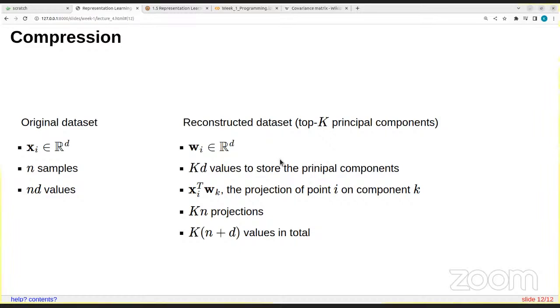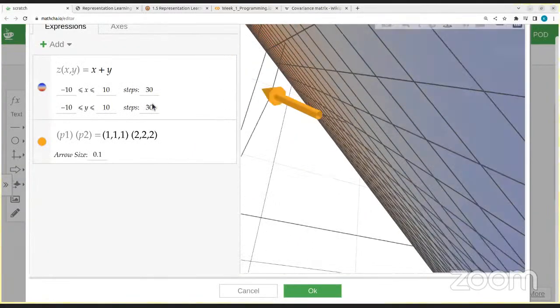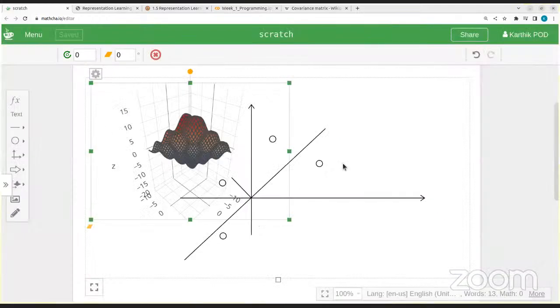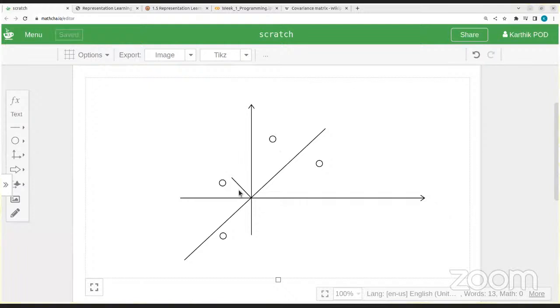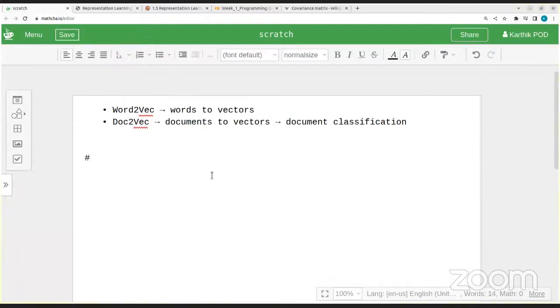Oh, okay, you could do one of two things. There are capital K directions.